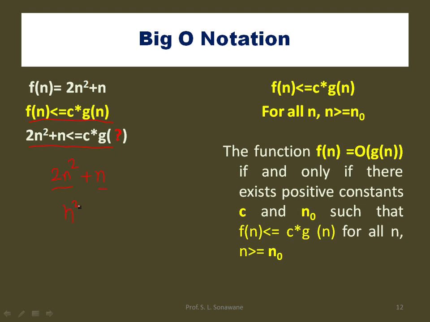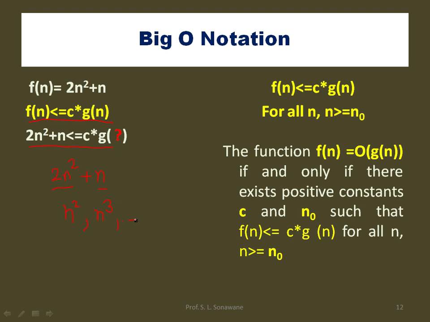So this upper bound, the g of n value, can be n square, it can be n cube, it can be n raised to 4, like this. Any of these terms can be there.